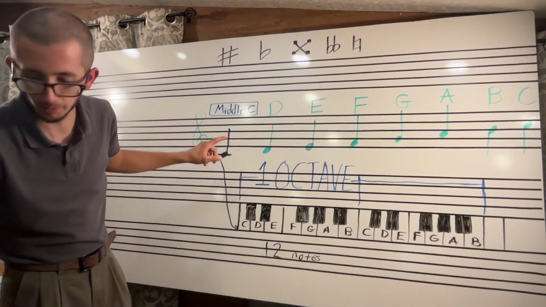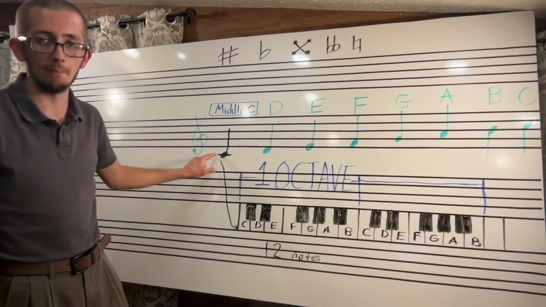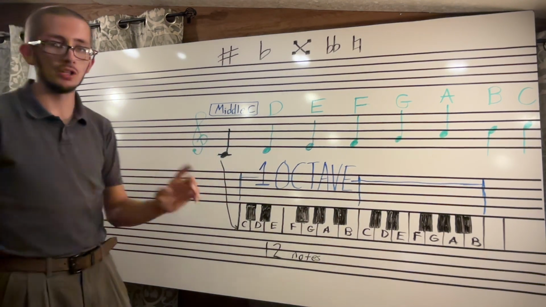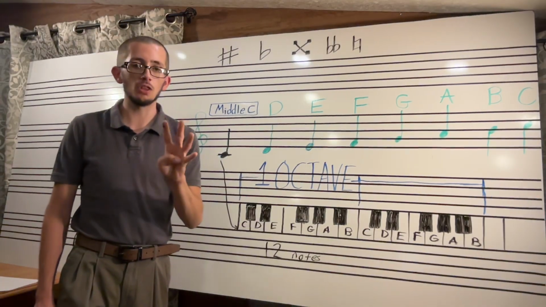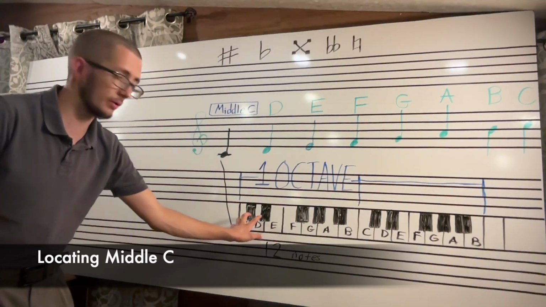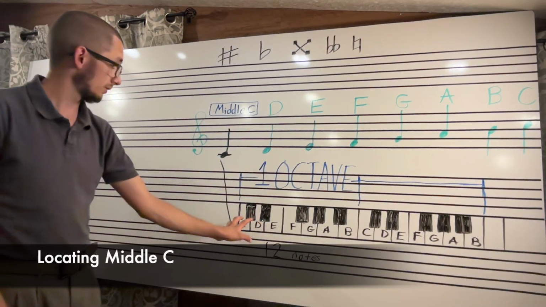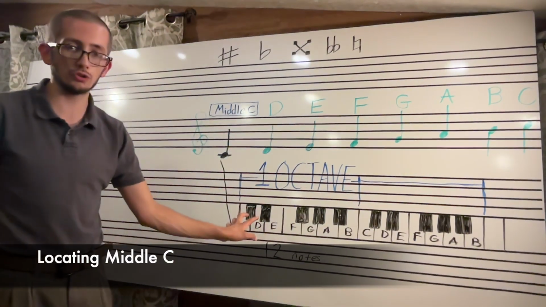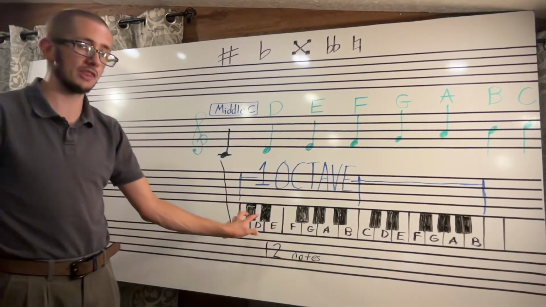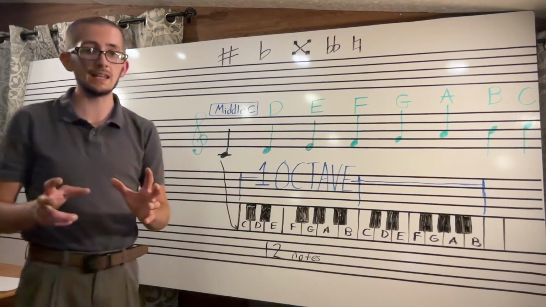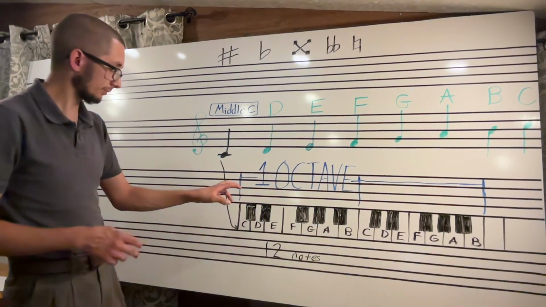And I'll play this, for example, starting at middle C right here, the first ledger line below the treble clef. It's also the 4th C on the piano. In order to find middle C, you should look for a group of 2 black keys at the bottom of your piano. So look for the first grouping of 2 black keys at the bottom of your piano, assuming it is a full-sized 88-key piano.